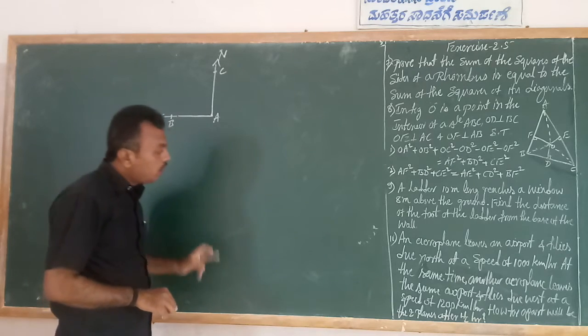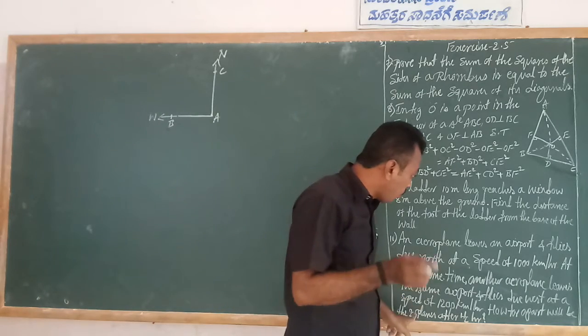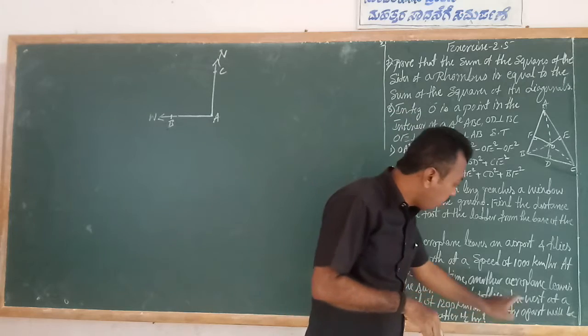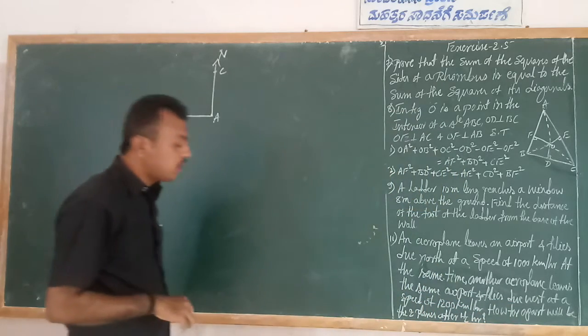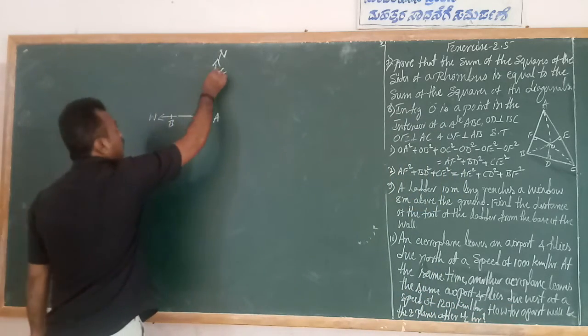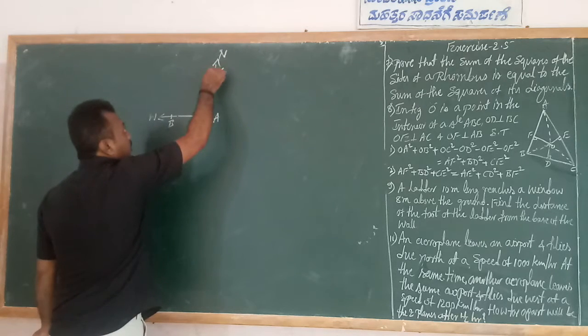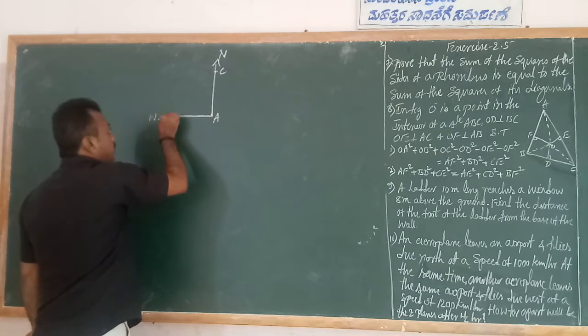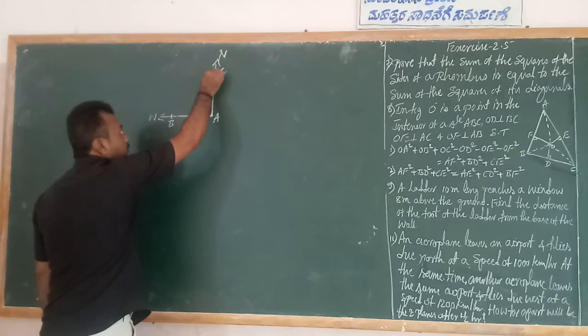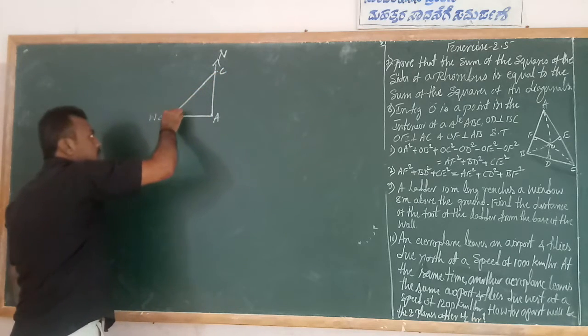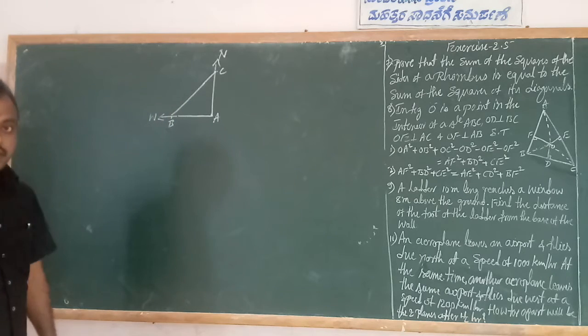So what we have to calculate is how far apart the two planes will be after 1.5 hours. After 1.5 hours, the first aeroplane is at the point C, the second aeroplane at the point B. So we want to calculate the distance between these points.